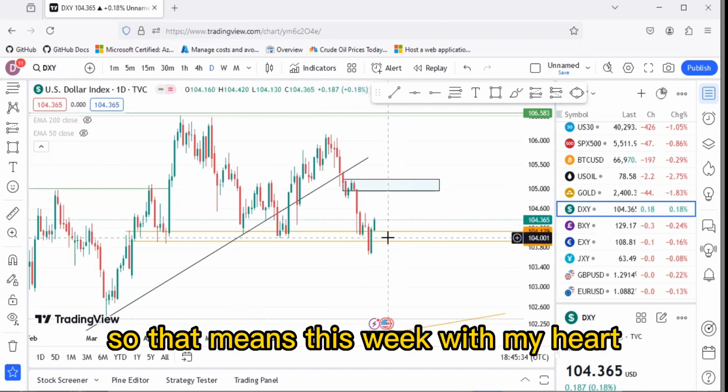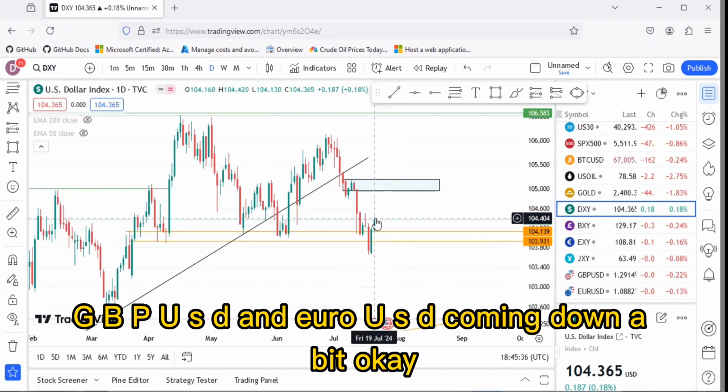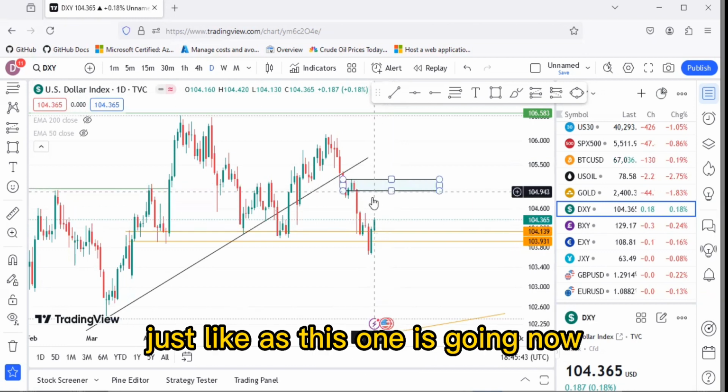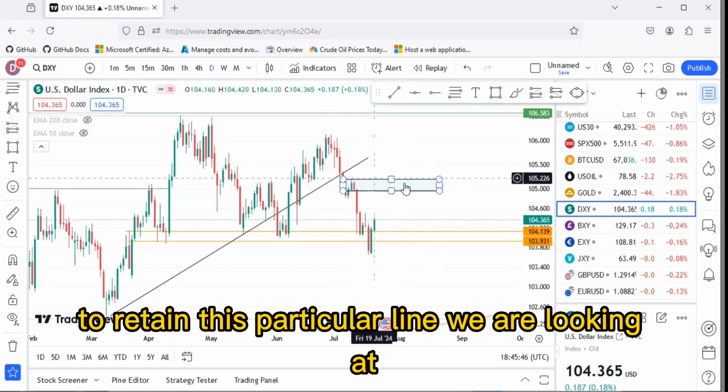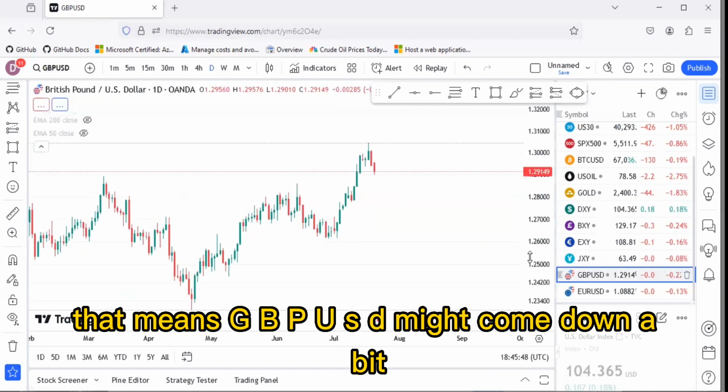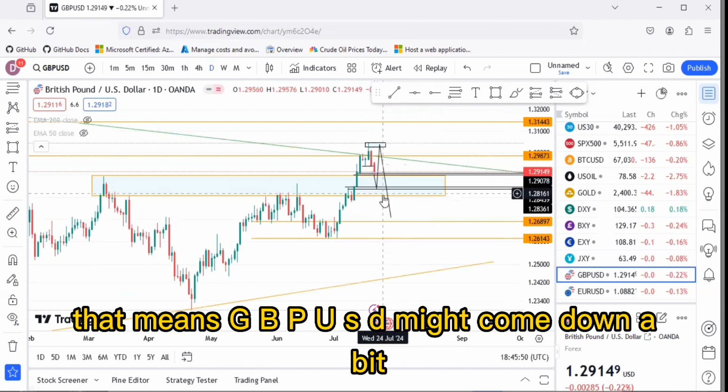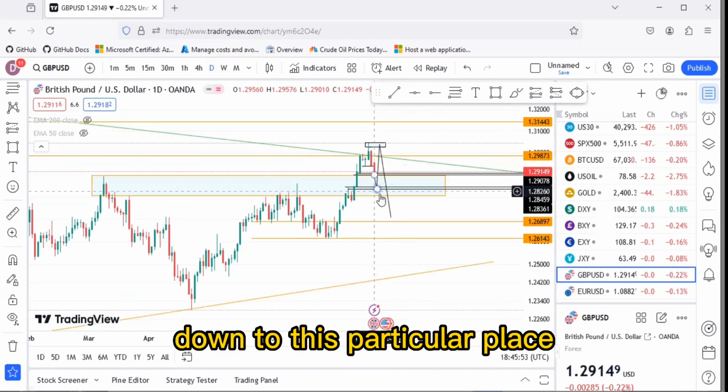So that means this week we might have GBPUSD and EURUSD coming down a bit. Just as this one is going up to retest this particular line we are looking at, GBPUSD might come down a bit to this particular place.